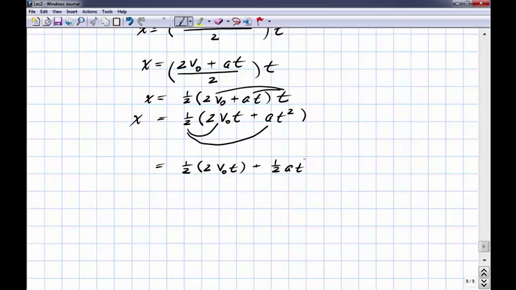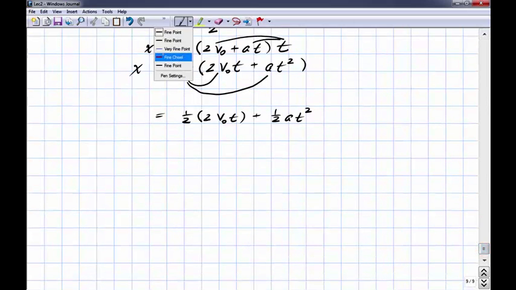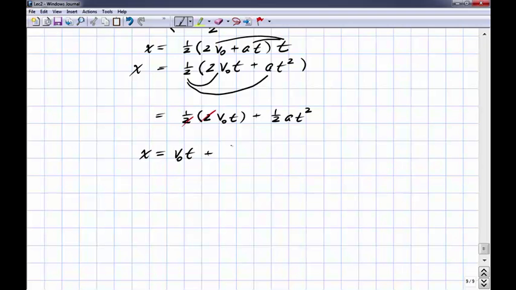Notice that the 2's cancel. And the final result looks like this: x equals v0t plus 1/2 at squared. We'll wrap that up in a box as well and label this as equation number 6.